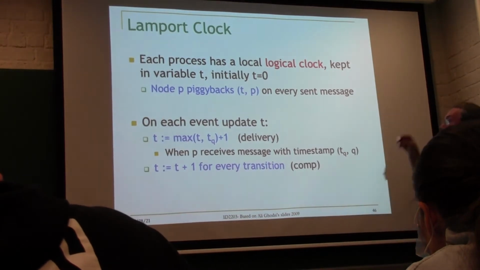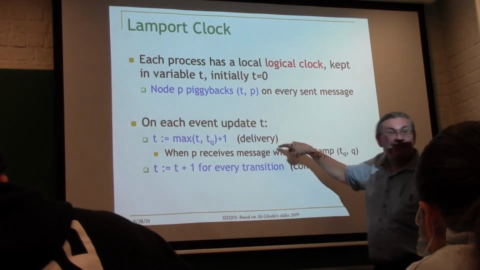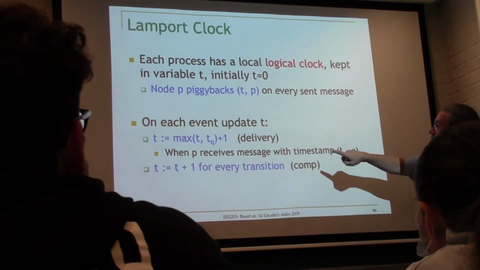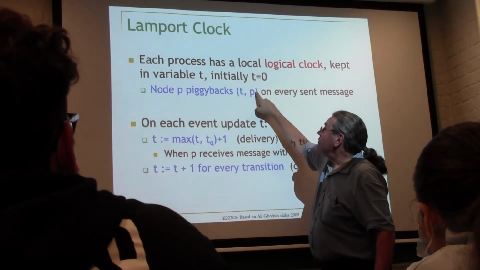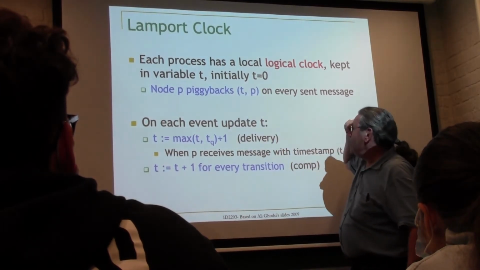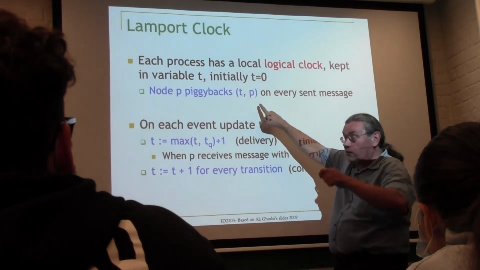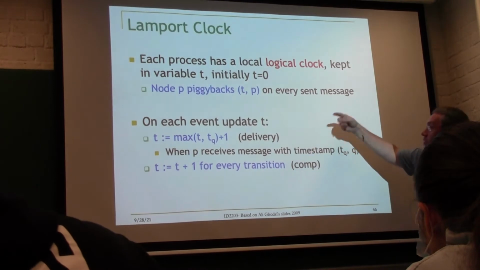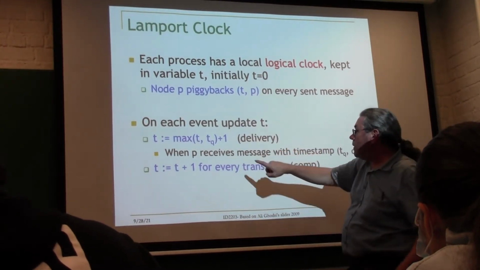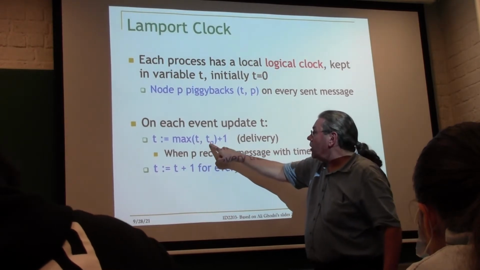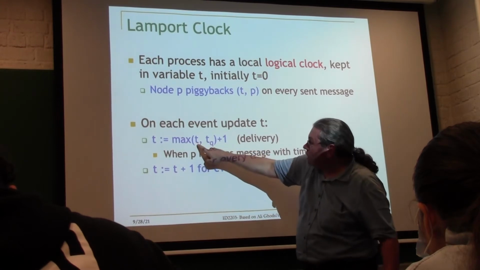Okay, that's easy. But on a delivery event, it's a little bit more subtle. On each message that I send, I'm going to add some information. I'm going to add the value of the t from the sender, and when it arrives, for example here on a node P, I get a t coming from another process, Q, and this is my local one.